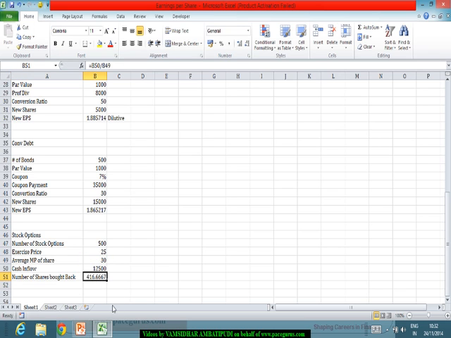So 416 shares are bought back, and the number of new shares coming into the computation is just 500 minus 416. So even this is positive, so even this is a dilutive security. But wherever I find the exercise price more than the market price, then it becomes an anti-dilutive security. In that case, I'll not include it in the computation of diluted EPS.